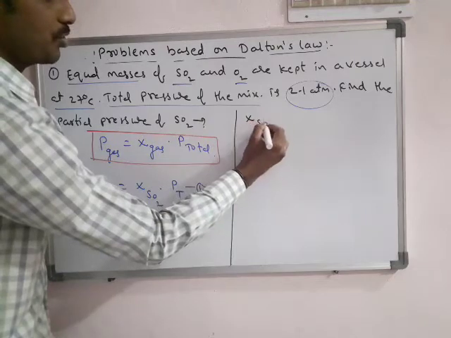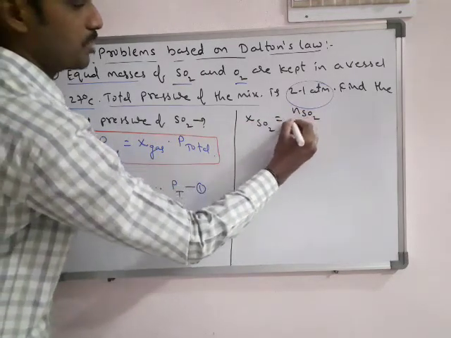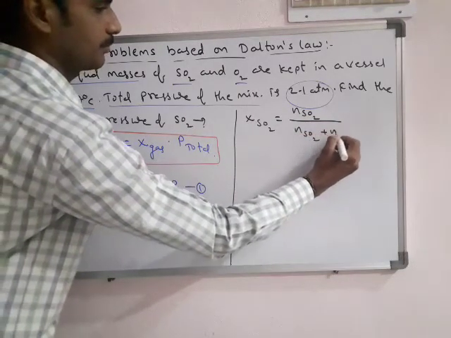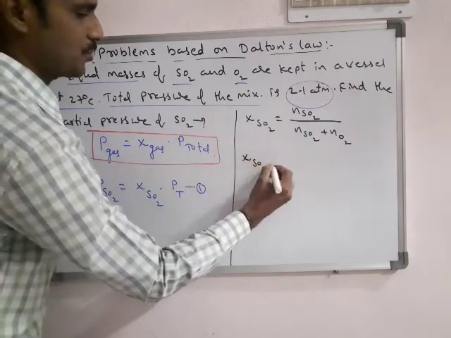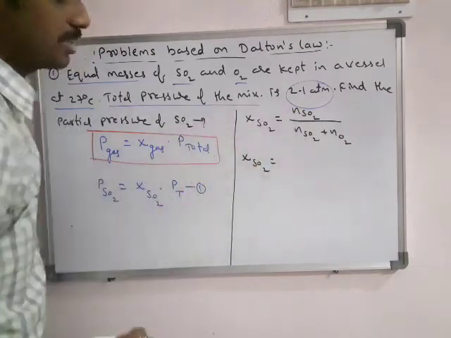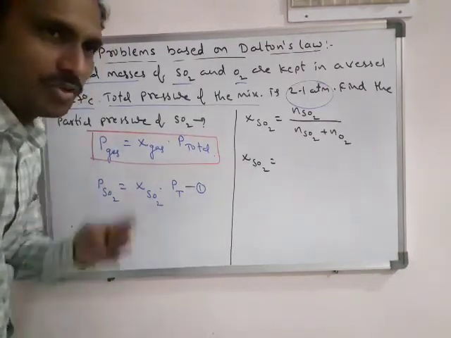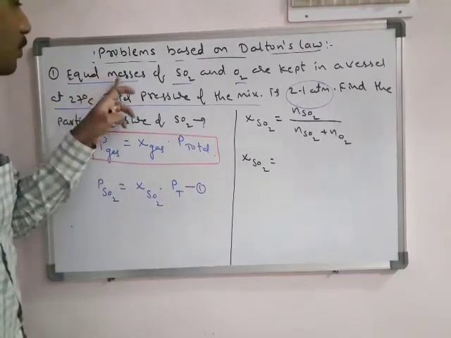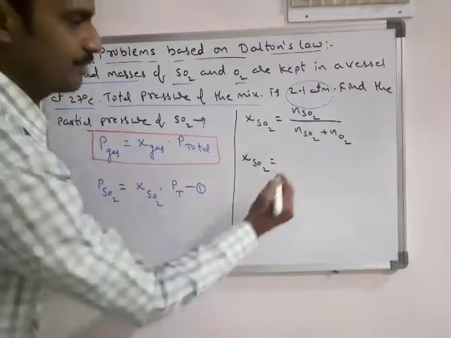The mole fraction of SO2 means its number of moles divided by the total number of moles. So the mole fraction of SO2 equals its number of moles. Number of moles, what is the formula? Weight by molecular weight. So what is the weight? There is no particular weight given, but both have equal masses. We are just taking the mass X for both.